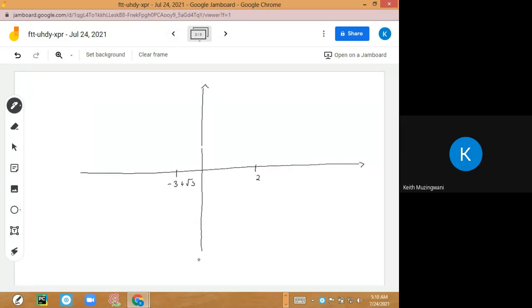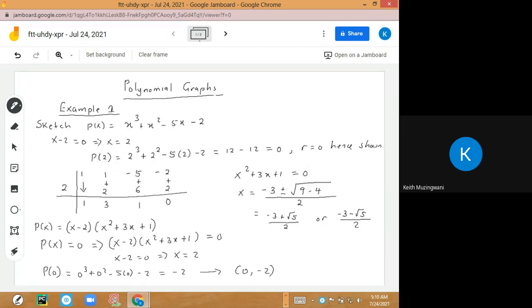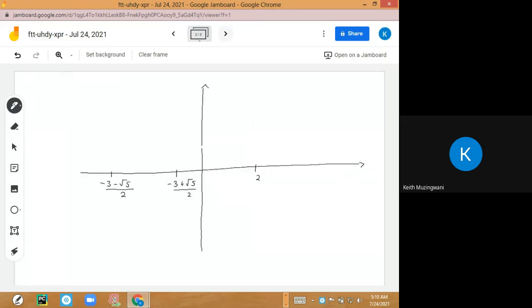Another negative number is negative 3 minus root 5 over 2. Then we go for the y-intercept to give us orientation. It is 0, negative 2.